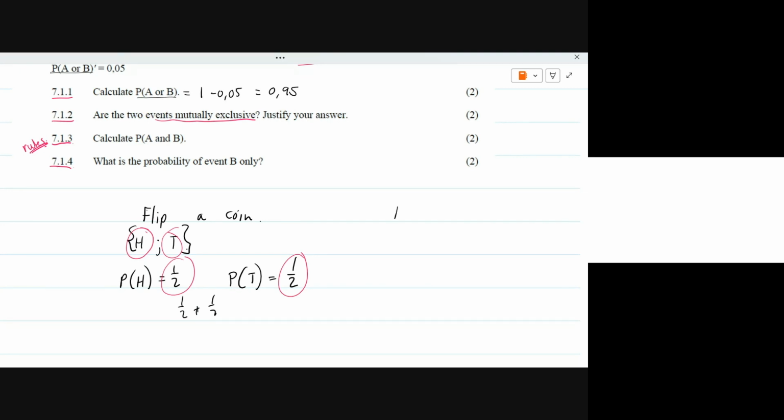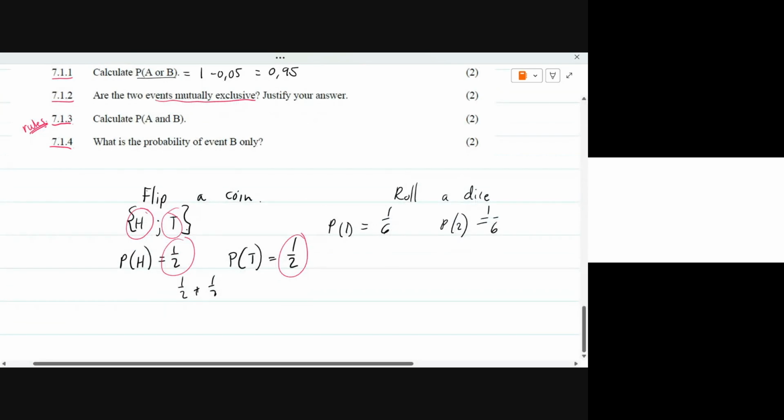Let me do this. Let's say we roll a dice, right? I know that I have 6 outcomes. The probability of getting a 1 is 1 over 6. The probability of getting a 2, 1 over 6, and so on and so forth. And if I add all 6 of them together, 6 times 1 over 6 will give me 1. Is that okay, Kanya? Are you still with me? Excellent. Now let's think about this.